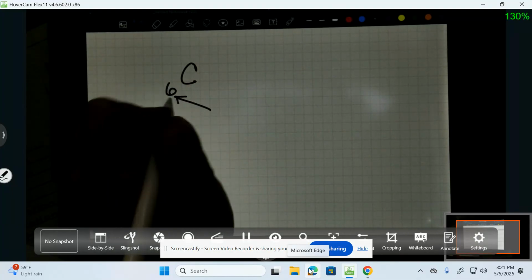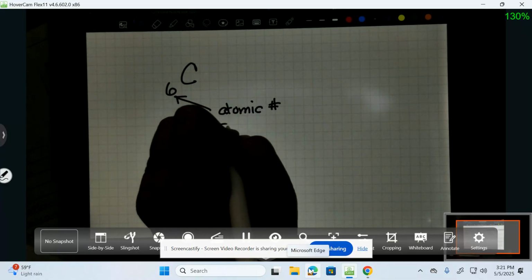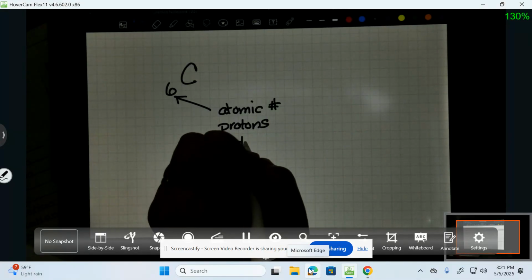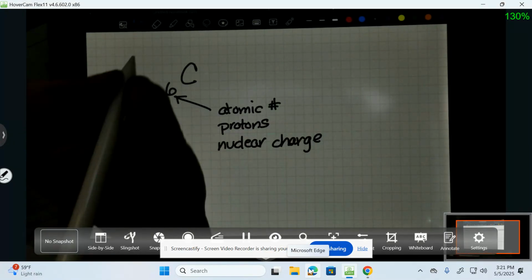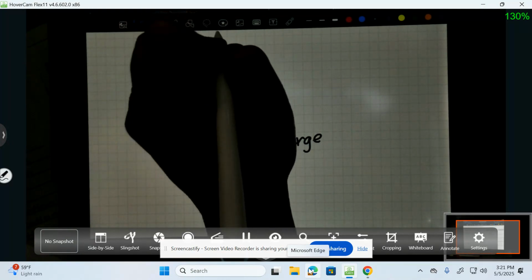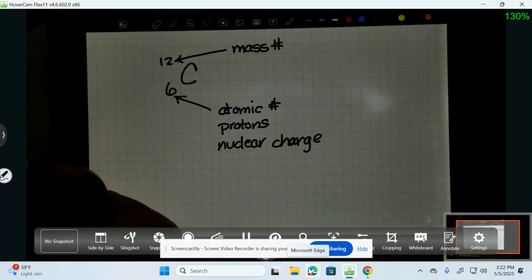All right. This number down here is the atomic number. It's also the number of protons. It's also the nuclear charge. This number up here is the mass number, if it's a whole number.